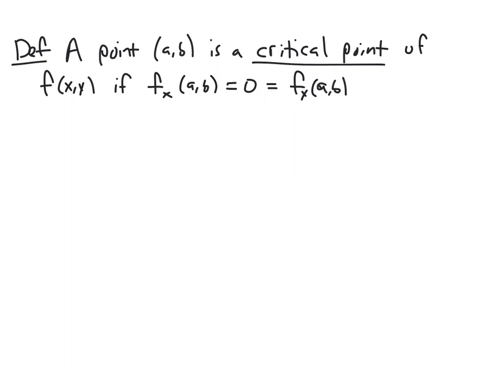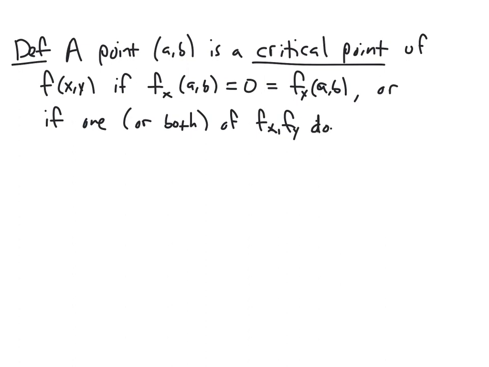So we want both partial derivatives to be equal to 0, or if one or both of those partials is undefined or does not exist at the point (a, b).